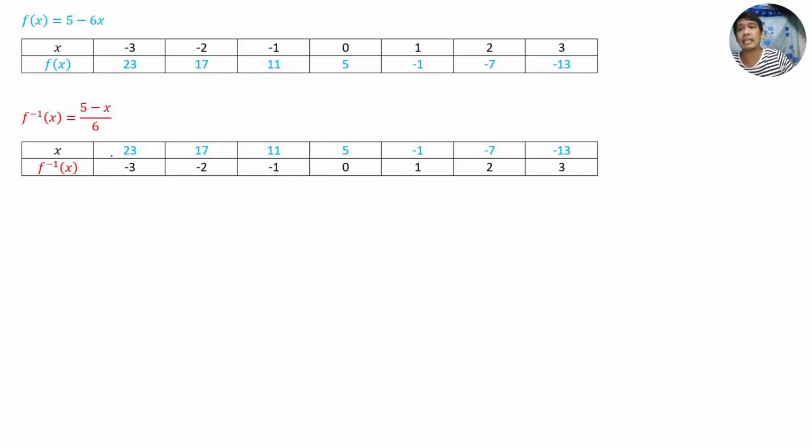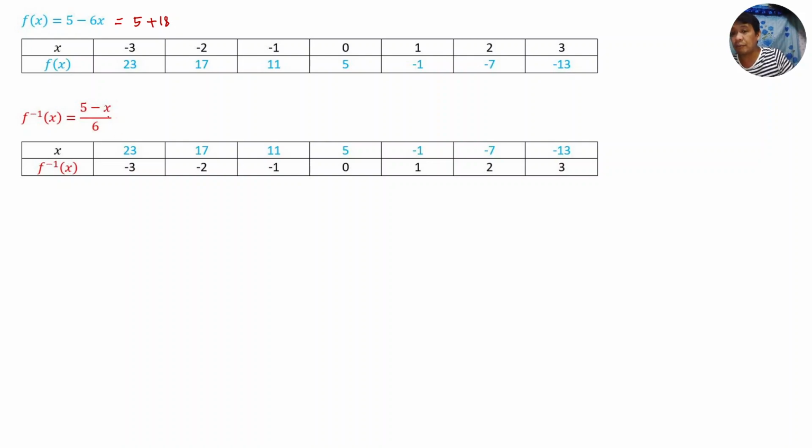Notice that if we substitute x equal to negative 3, 5 minus 6 times negative 3 is equal to 5 plus 18. That's equal to 23. For x is equal to negative 2, that's 5 plus 12, 17. 5 plus 6, 11. Then 5 minus 0 is 5, then negative 1, negative 7, and negative 13.